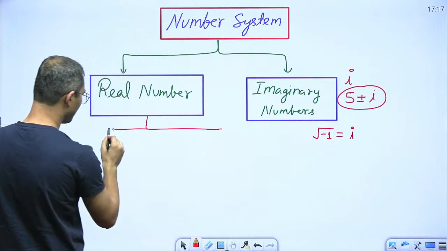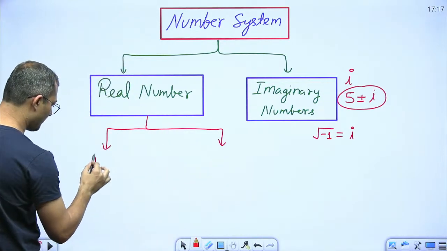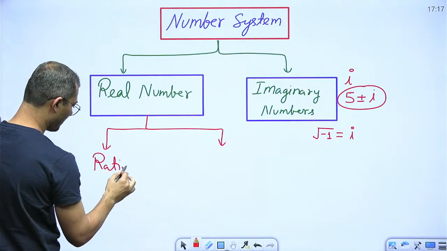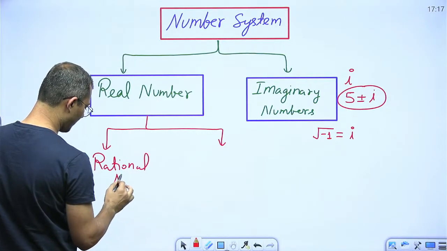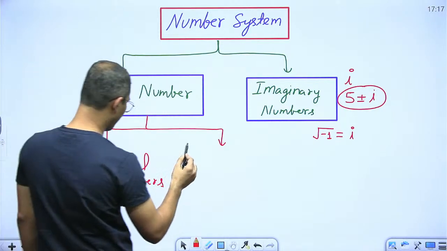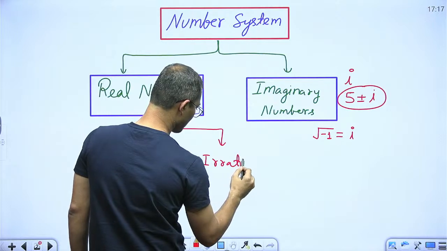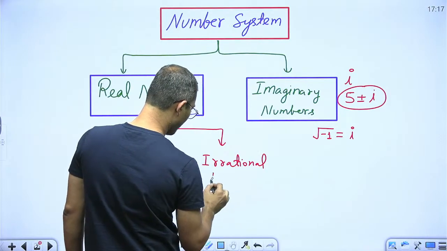So we divide real numbers into two parts. One is rational number, and another is irrational number.